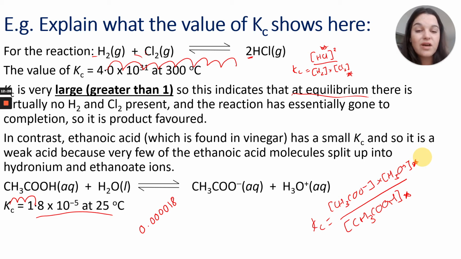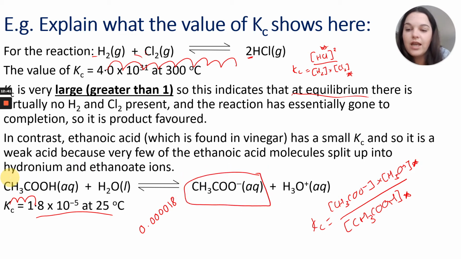Small number divided by a really big number is going to give me a really small number. So this tells me it's a really weak acid. I don't have much of this product. I've got a lot higher concentration of reactant. So this reaction is reactant favoured, or the reverse reaction is favoured.